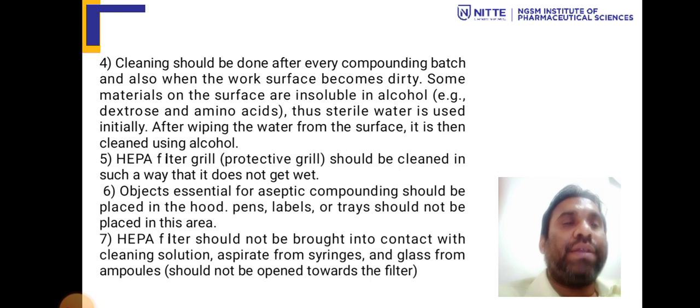Cleaning should be done after every compounding batch and also when the work surface becomes dirty. Some materials on the surface are insoluble in alcohol, for example dextrose and amino acids, thus sterile water is used initially. After wiping with water, the surface is then cleaned using alcohol. The HEPA filter grill should be cleaned in such a way that it does not get wet.